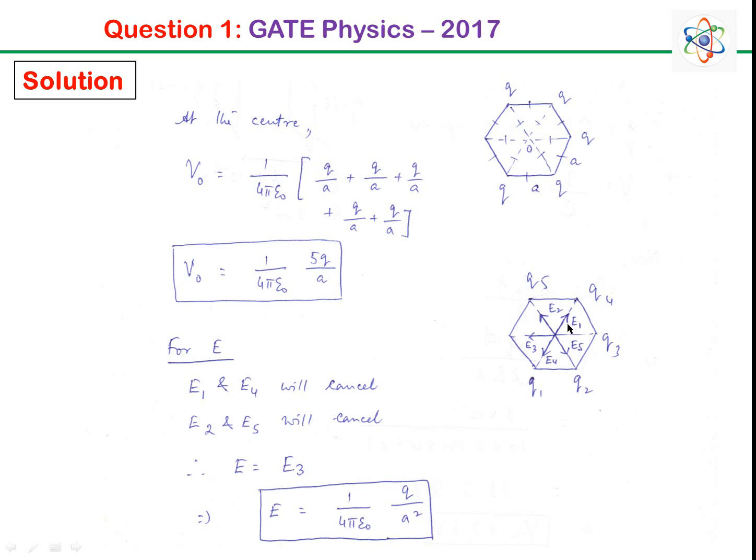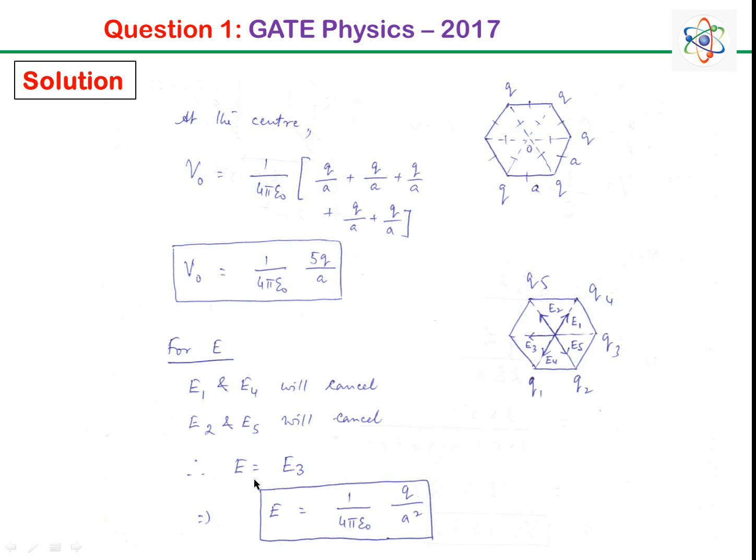Now, since all these 5 charges Q1, Q2, Q3, Q4 and Q5 are all equal to Q, this E1, E2, E3, E4, E5 all will have the same magnitude, and because of that E1 will exactly cancel out E4, E2 will exactly cancel out E5, but we don't have any other component opposite to E3, and therefore the net electric field at the point O at the center will be only equal to E3.